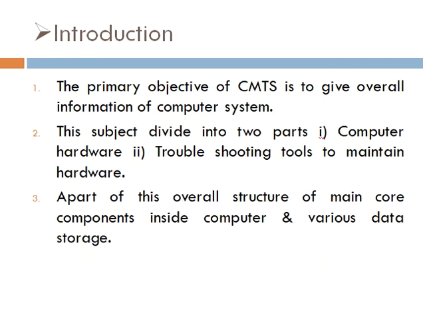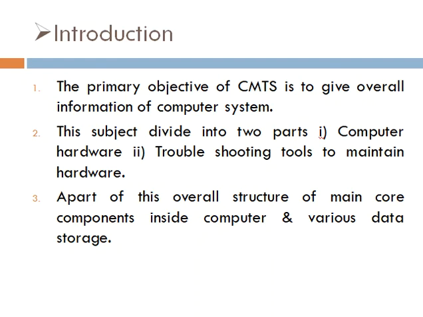Next, introduction. The primary objective of CMTS is to give overall information about the computer system. The subject is divided into two parts: computer hardware, and troubleshooting tools to maintain hardware. A part of this overall structure covers the main core components inside the computer and various data storage.